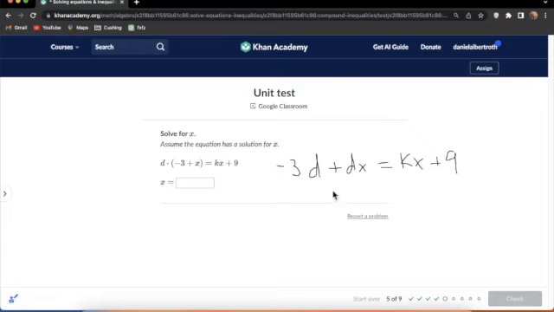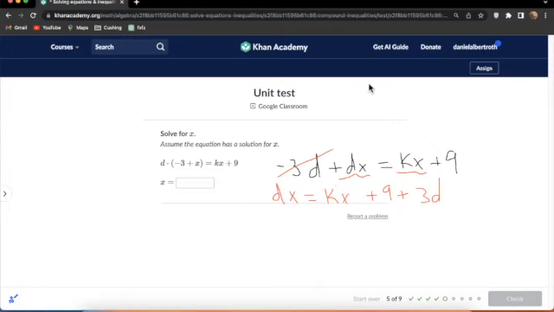So I want to solve for x, get x by itself. I have a dx and a kx. I'm going to move those to one side, get everything else on the other side. So let's start by adding 3d to both sides. That's going to give us dx equals kx plus 9 plus 3d, adding 3d to both sides.